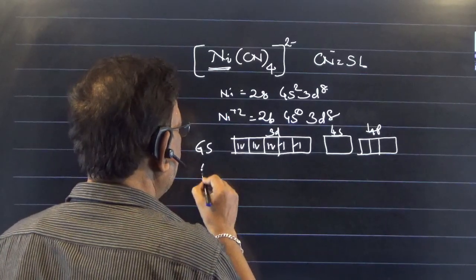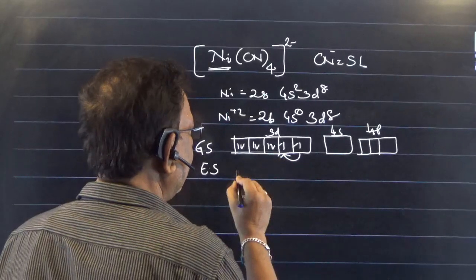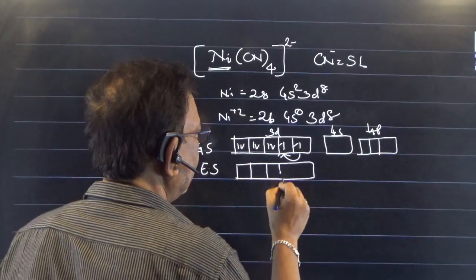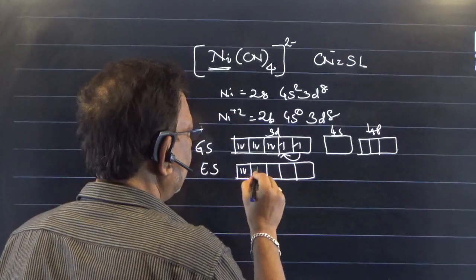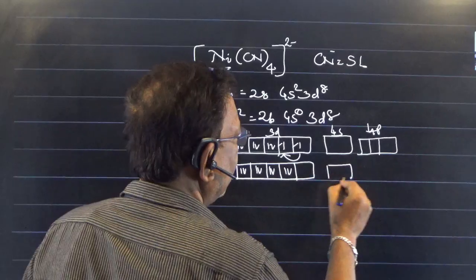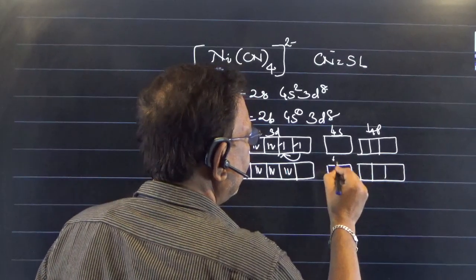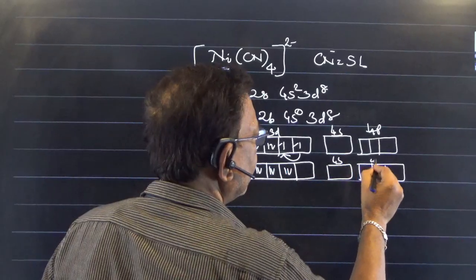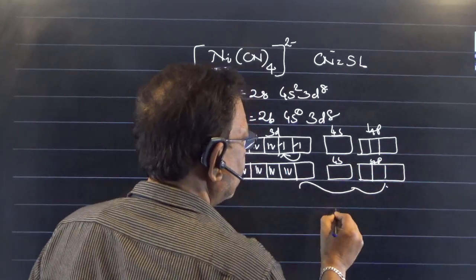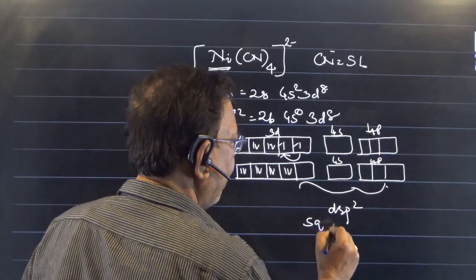So whenever in the excited state, this electron will come over here. So again hybridization is dsp2, it is square planar.